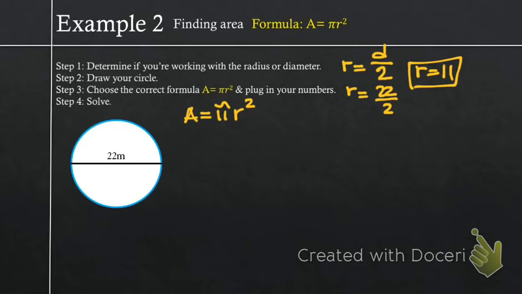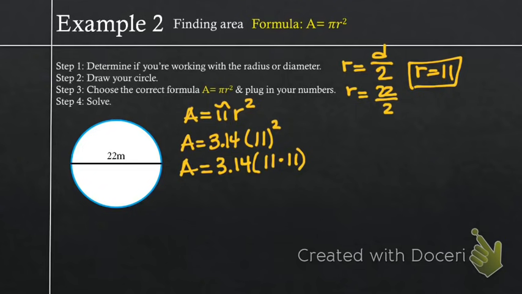So now I can plug it into our area formula. So I have pi, which is 3.14, times my 11 squared. Okay, so parentheses is just my 11. Next is exponents, if you think of PEMDAS, which is 11 times 11. So I get 3.14 times 121.